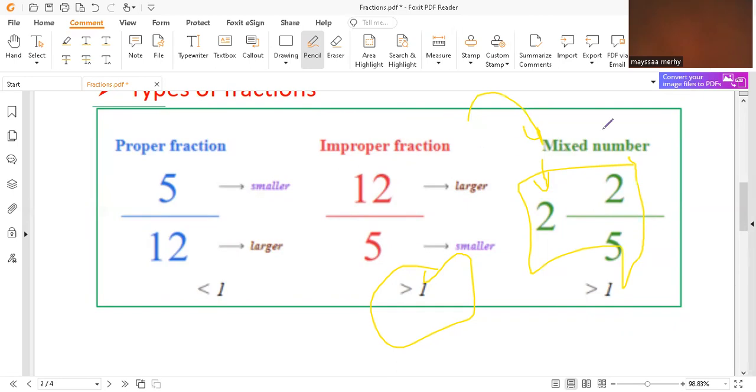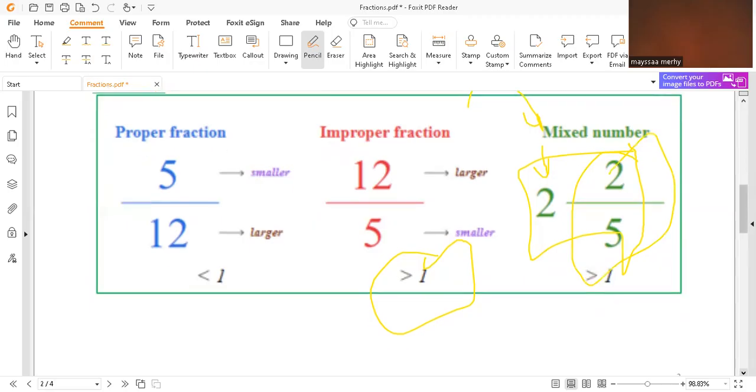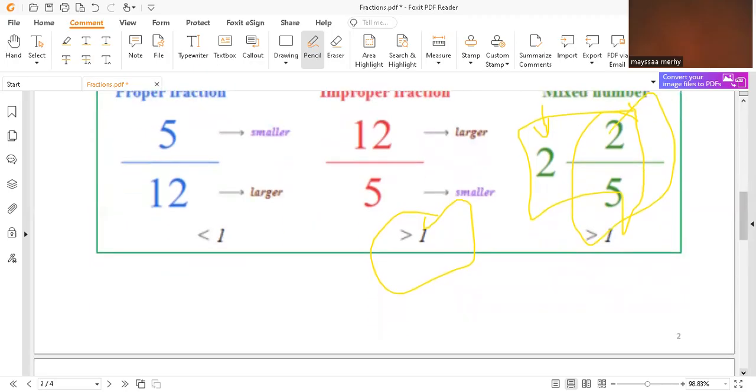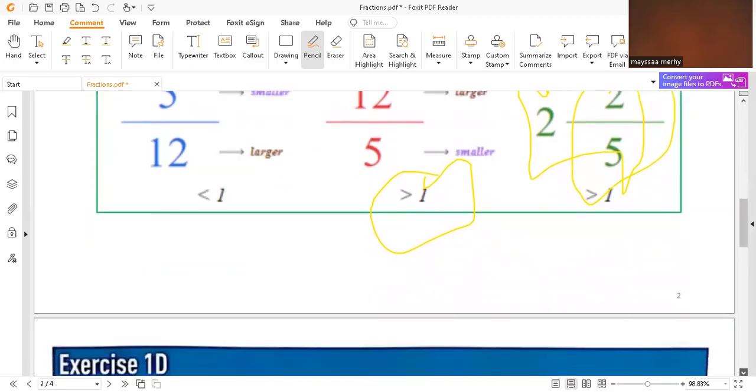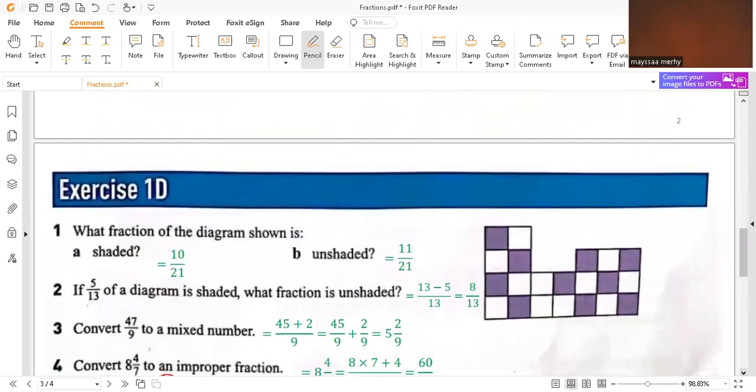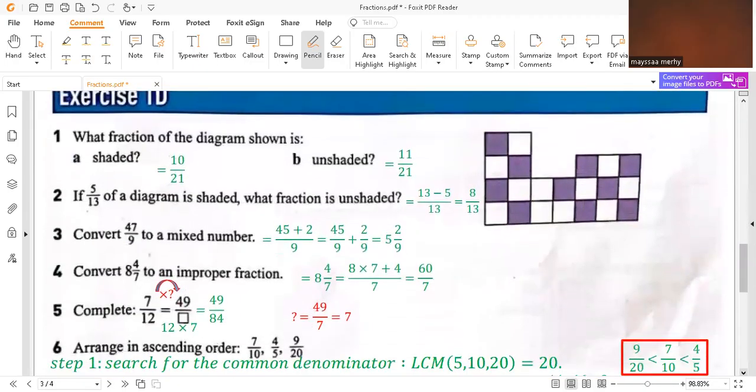And all this process is far from the proper fraction, because the proper fraction is a part of the mixed number. It is not the whole mixed number. The mixed number can always be written as an improper fraction.